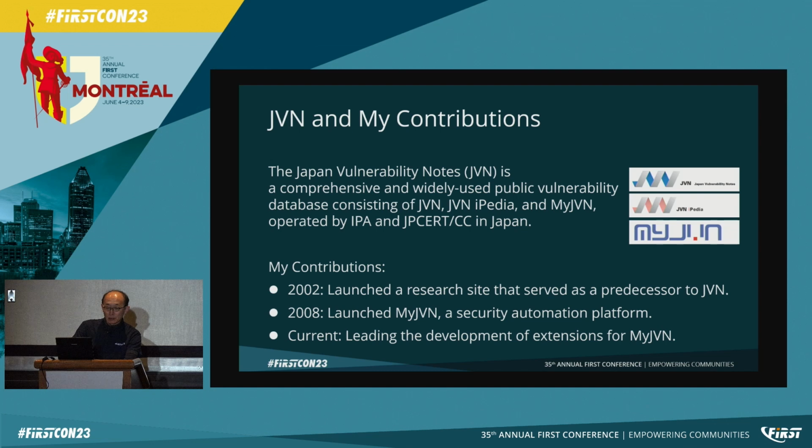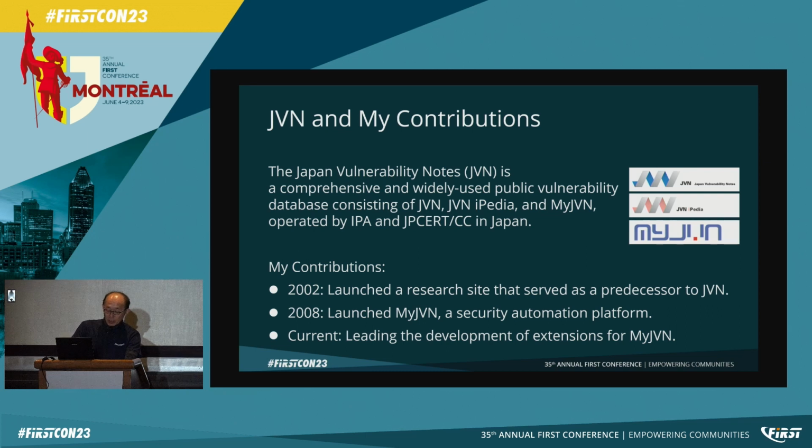In 2002, I initiated the development of research sites that laid the foundation for what eventually became JVN. In 2008, I launched MyJVN, a security automation platform. Currently, I'm taking the lead in development extensions for MyJVN, enhancing its capabilities and features.